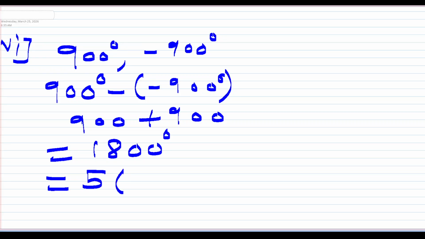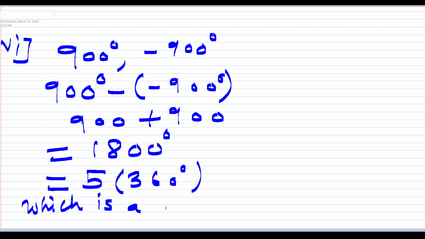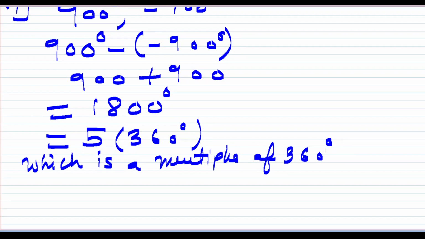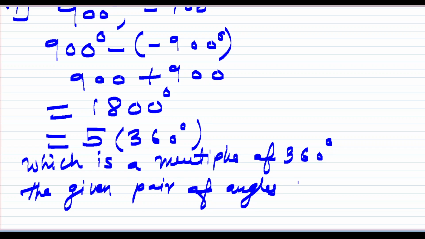If you multiply 5 by 360, you get 1800. So we can say the given pair of angles are coterminal.